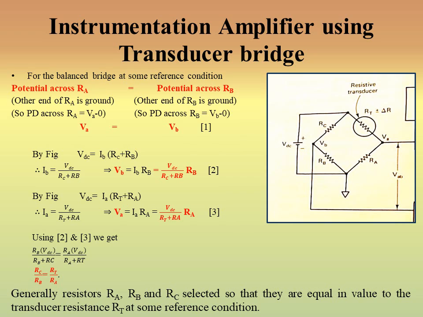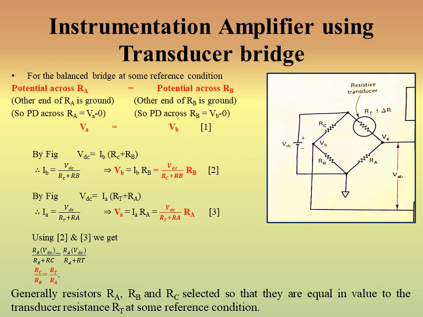Now if the temperature of the furnace increases from 300 to 400, then the resistance of RT will change by delta R. It will be either positive or negative. If it decreases, it will still change, and this will make the bridge unbalanced. And in the unbalanced condition, what will happen? Current will flow.